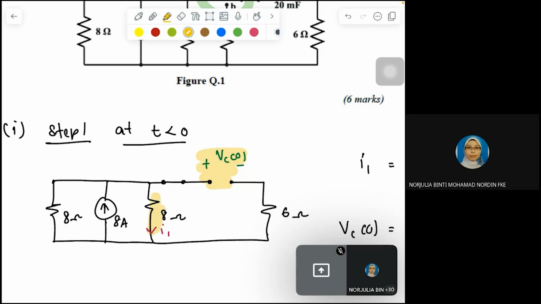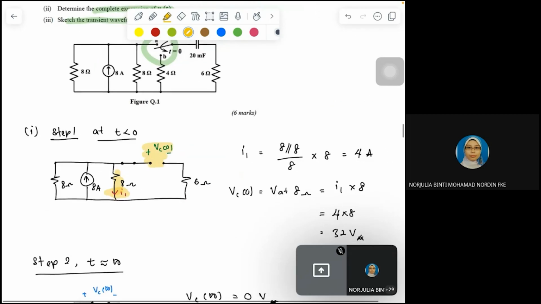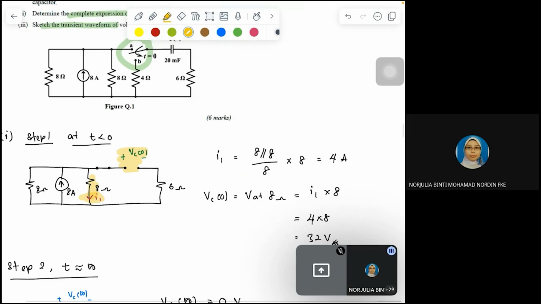To find the voltage across this 8 ohm, we need to determine the value of current that flows through this 8 ohm resistor. To find it, I name it I1. You can use any variable name you want as long as you write it down clearly. All right, so use your current divider. So this is a current divider.